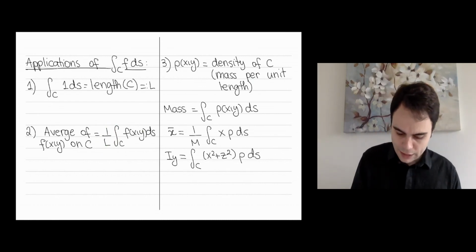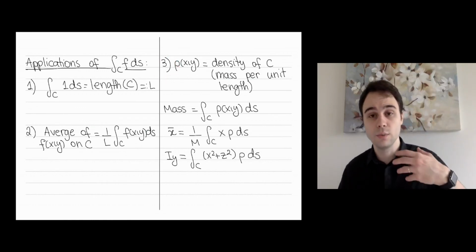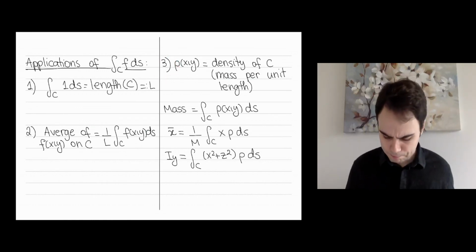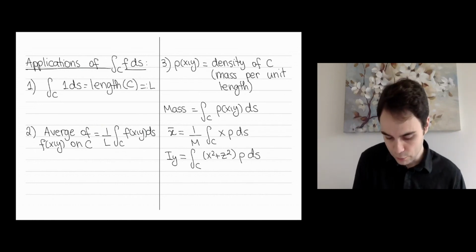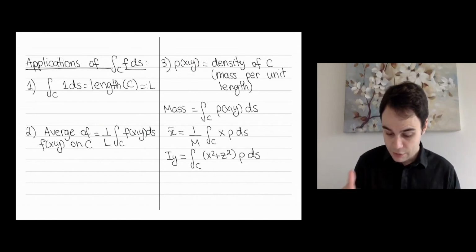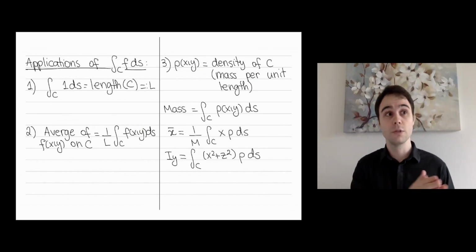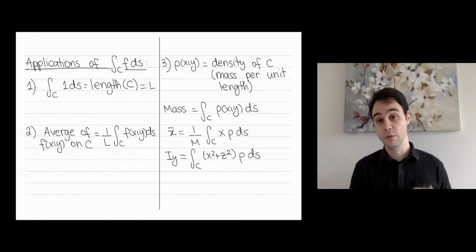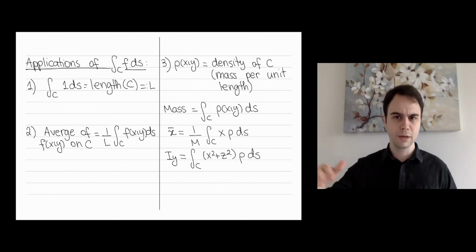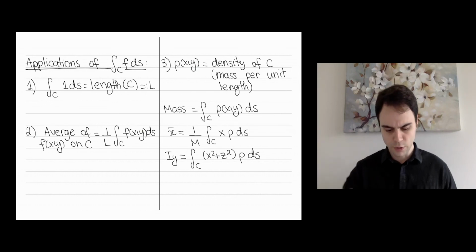The third application is to solid mechanics, to continuum mechanics. If we have a density function for this curve, maybe different parts of the curve are made of different metals, then the amount of mass per unit length changes as you move on the curve.